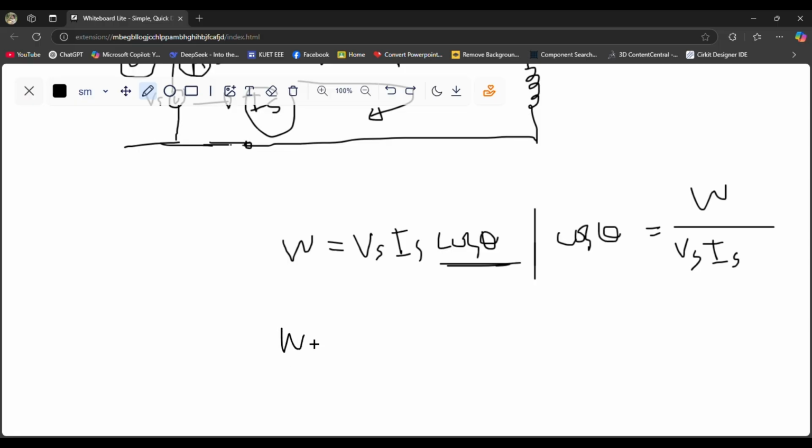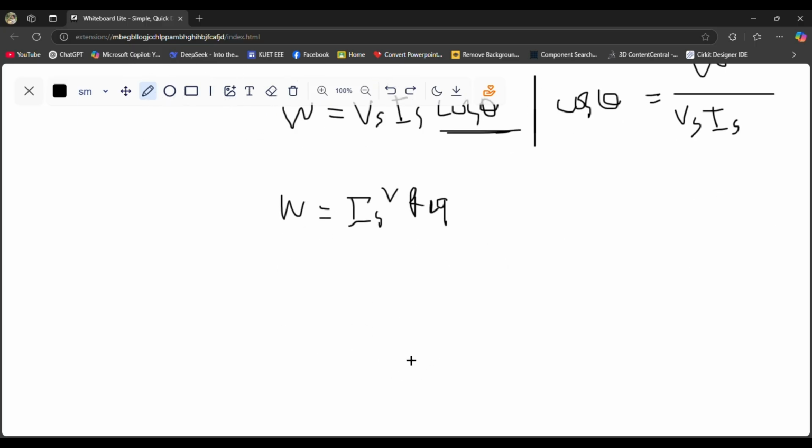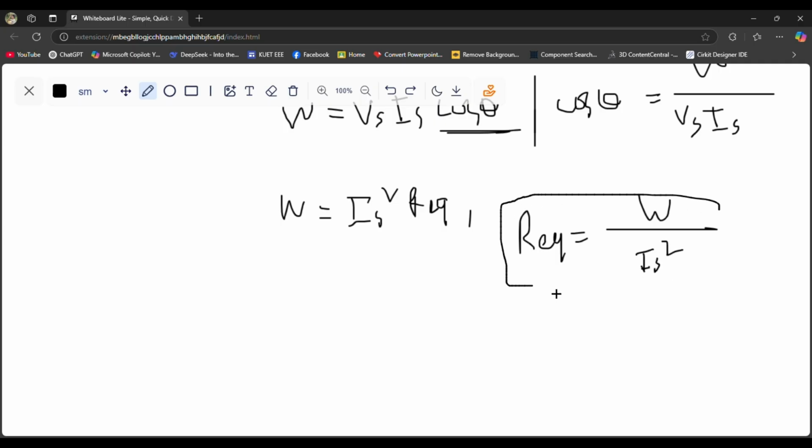So W is equal to Is squared R. Simple. From this equation we can get R equivalent, which is equal to W divided by Is squared. That's it.